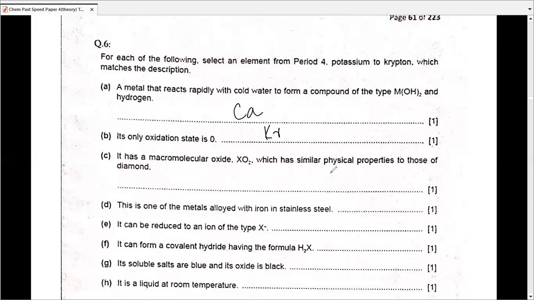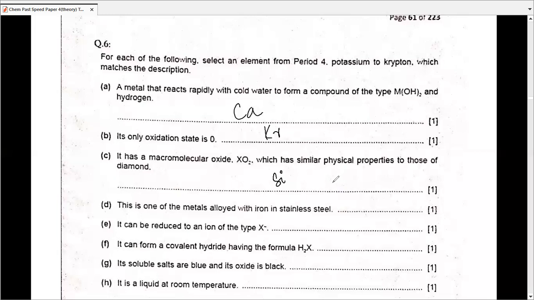There were only three macromolecules: diamond, graphite, and silica. Which one do you think it is? Silica. Very good. Si.